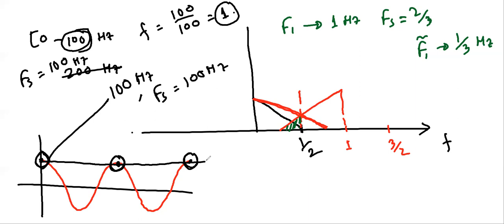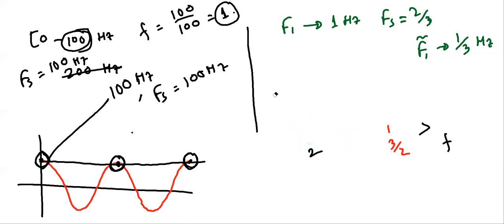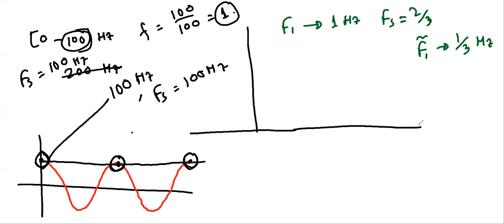Is that authentic from our last example? So let me give you the whole example here in the frequency domain. Okay, so this is the half, this is 1. We can restrict up to this. So where is the band of the frequency?